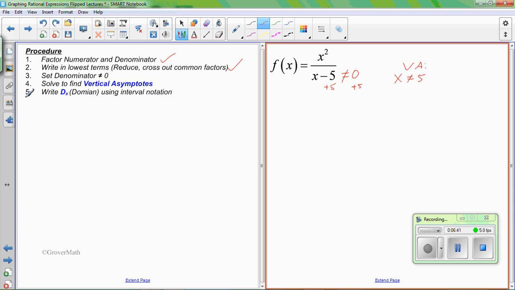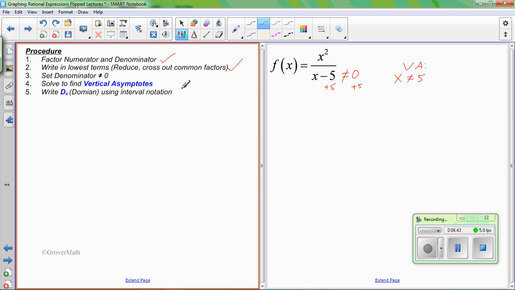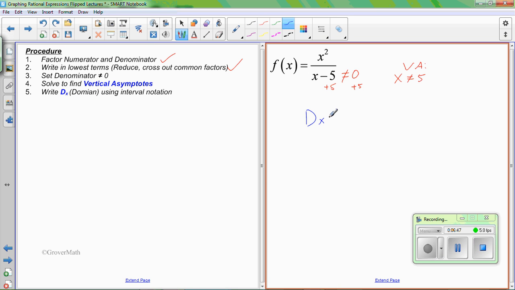Next, the last thing we need to do is just write the domain. The domain, we're going to use the notation D of x. So here's domain, using interval notation. Now, the vertical asymptote is how you kind of figure it out. These are extremely related because your domain is everything x can be. And what we now know is that x can be all values of x, except it cannot be 5.